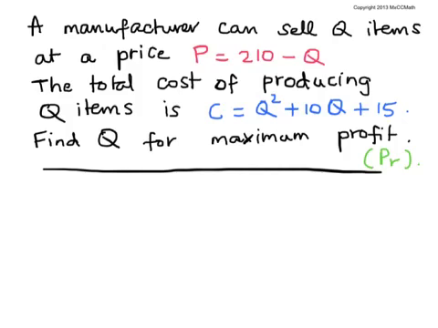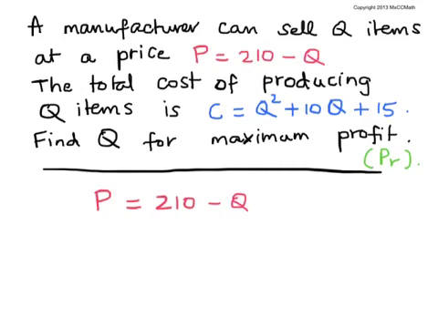Okay. The price now is given to us, price of each individual item when Q items are sold is given by this rule 210 minus Q. We want to find the total revenue that this manufacturer makes by selling these Q items.